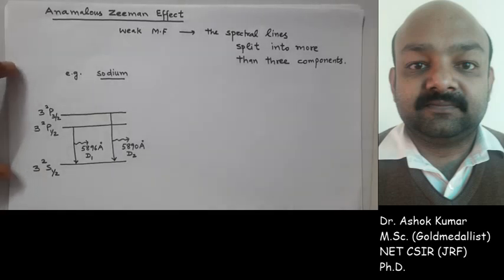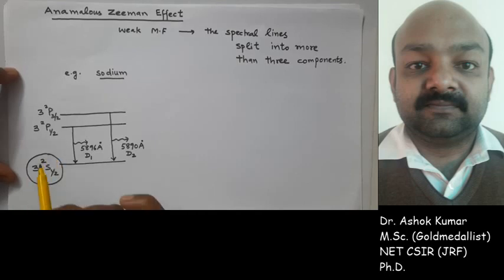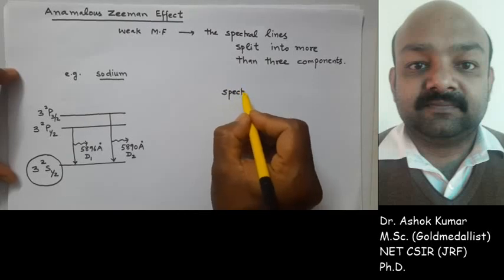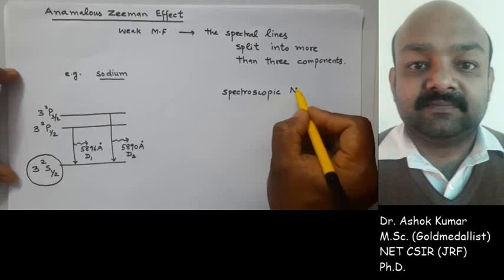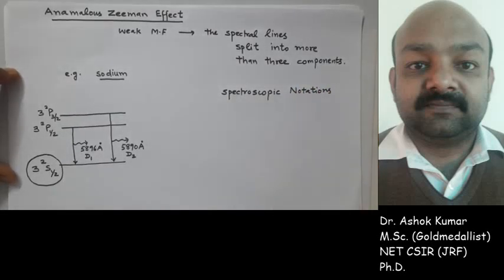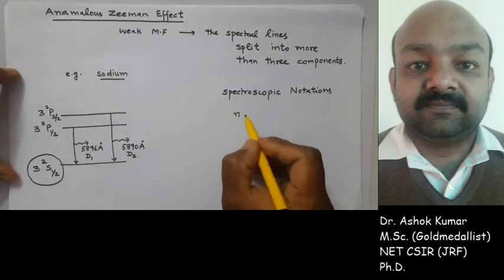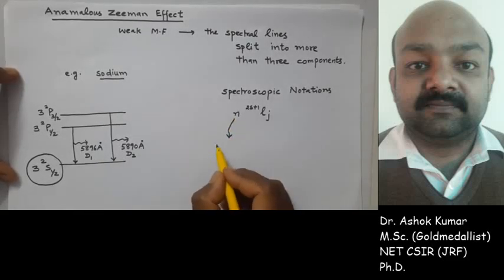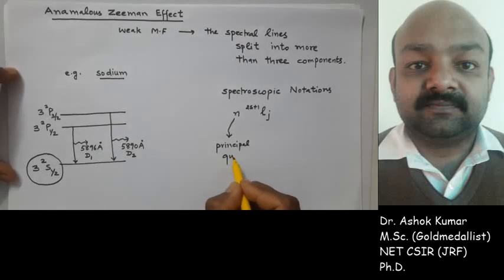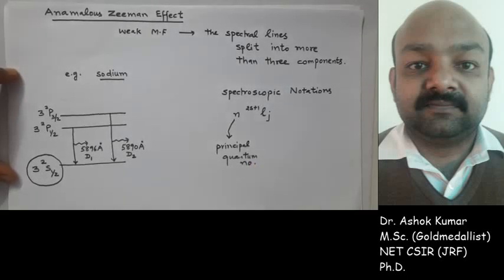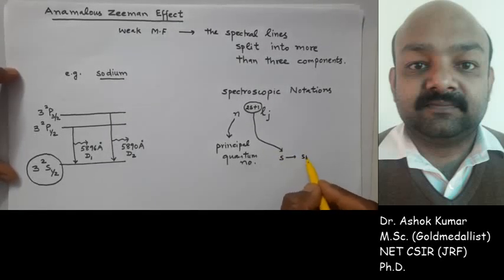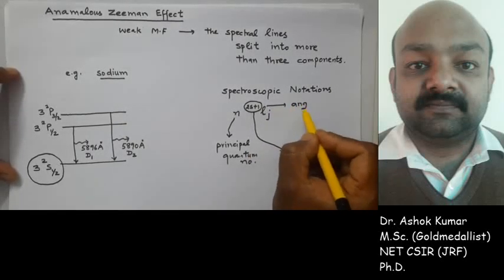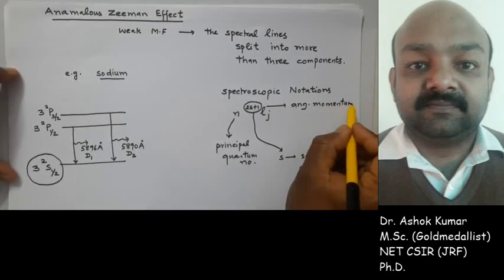Before explaining the lecture, firstly I wish to explain about these kinds of notations. These are called spectroscopic notations. Spectroscopically, an energy level is represented using this kind of notation. Here n corresponds to the principal quantum number, S corresponds to the spin quantum number, L corresponds to the angular momentum quantum number.